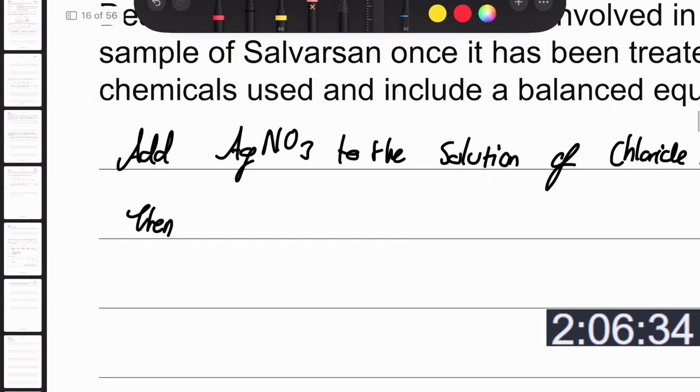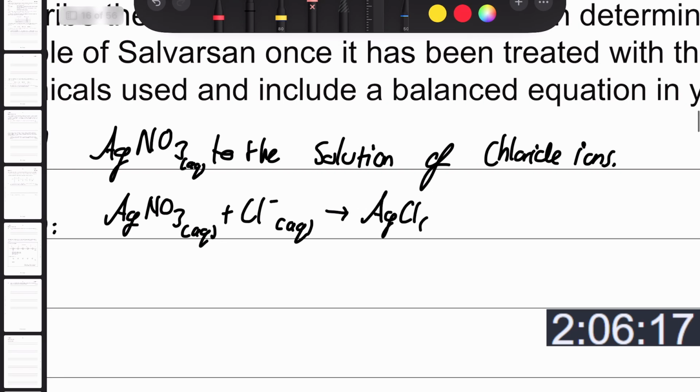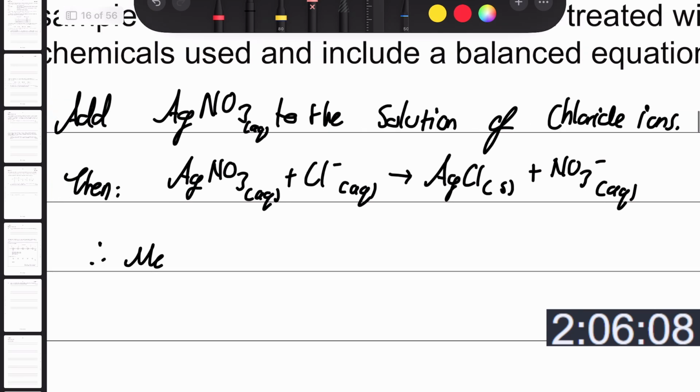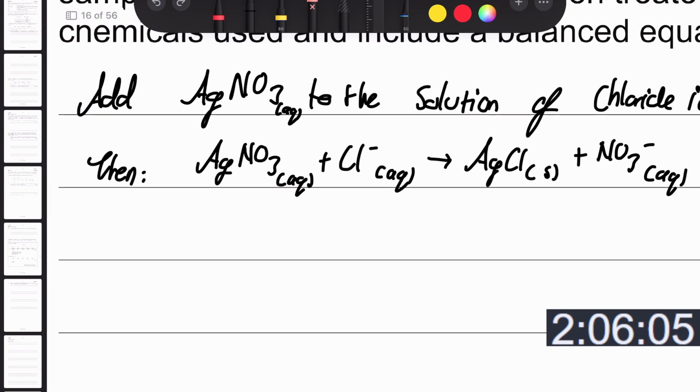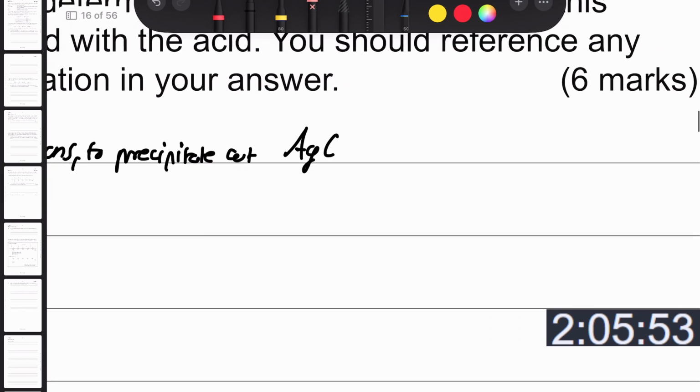Then it will be like AgNO3 aqueous plus Cl minus aqueous. It's going to become AgCl solid plus NO3 minus aqueous. Therefore, to precipitate out AgCl solid.